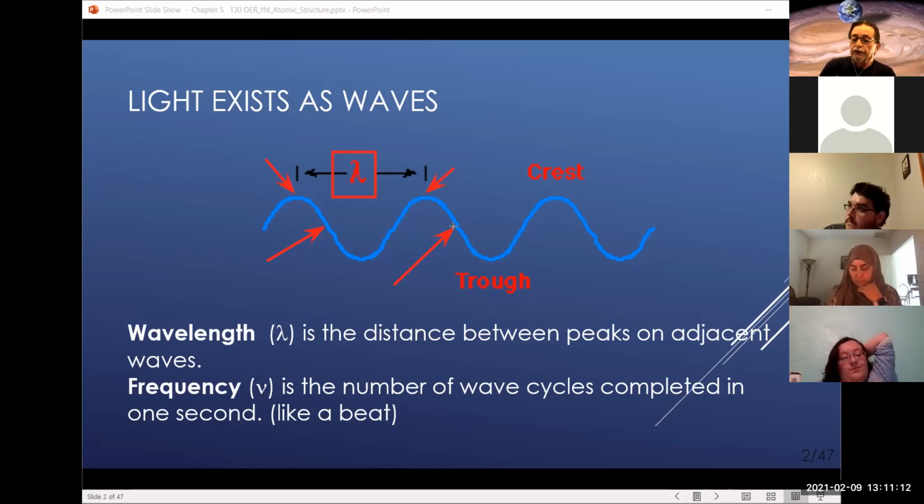Now the frequency. You're probably all familiar with frequency if your computer works at a certain frequency, like 2 gigahertz. You may have heard the term gigahertz or megahertz. That's pretty fast, about a billion things happening in one second. A frequency is how many things can happen in a given time unit, which is normally one second.